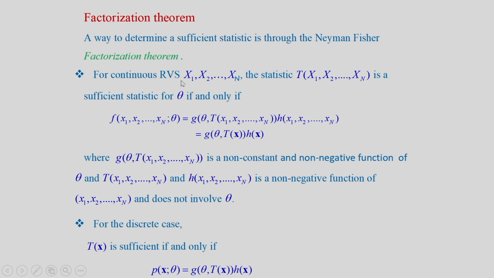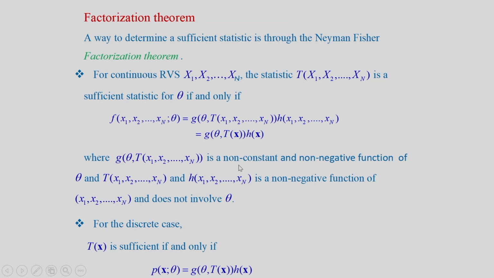For continuous random variables x1, x2 up to xn, this statistic T(x1, x2 up to xn) is a sufficient statistic for theta if and only if this joint PDF as a function of theta is a product of two functions g and h. g is a function of the parameter theta and the statistic T(x), and h is a function of data only, it is a function of x, h(x1, x2 up to xn), it does not involve any theta.